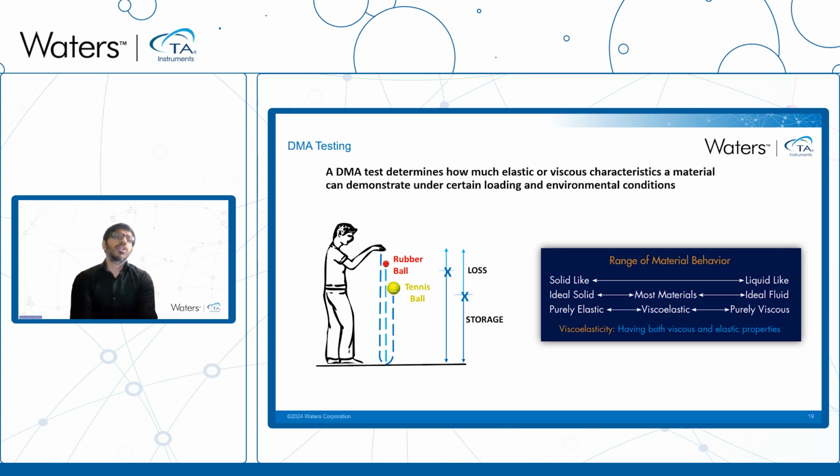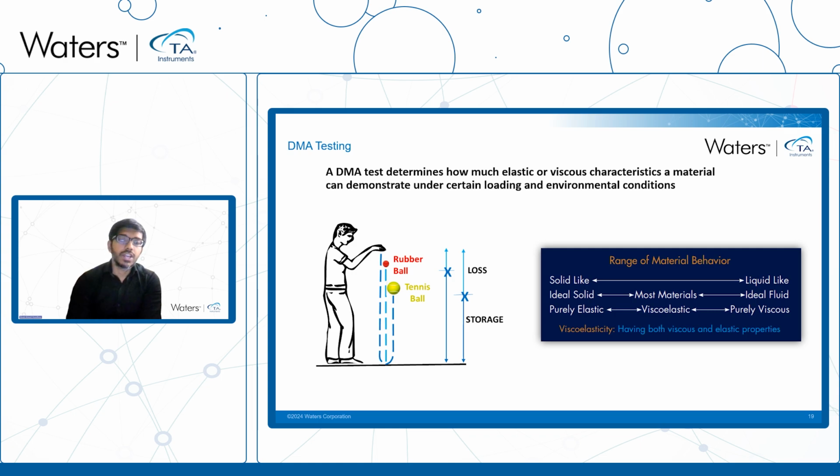Take this rubber ball and tennis ball as an example. If the rubber ball is released from a specific point, it bounces back to a point that is close to the initial release point. So the rubber ball was able to regain or store most of its energy and lost a small amount of energy as a form of heat dissipation.